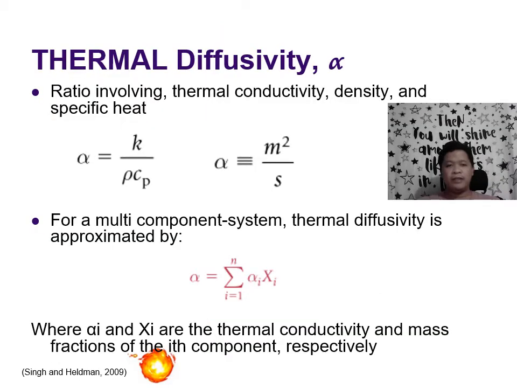On the other hand, we have another term called thermal diffusivity alpha, which is the ratio of the thermal conductivity over the density and specific heat. So on the numerator side, we can see how fast it can transfer heat to its surroundings, and on the denominator, we could see how much heat it could contain for a given volume.